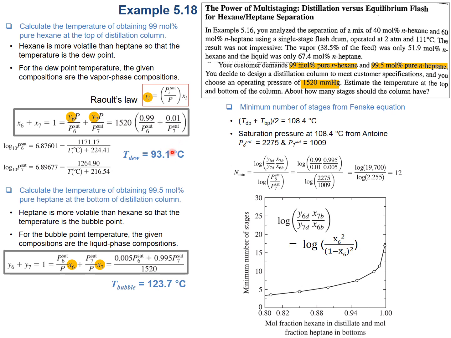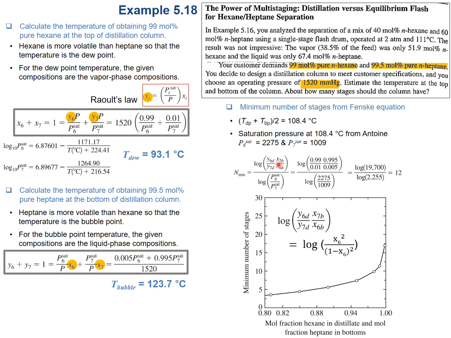So 93.1 and 123.7 gives 108.4 Celsius degrees. At this temperature, you can calculate the saturation pressure for hexane and heptane very easily by using Antoine. For heptane it is 1009 and for hexane 2275. Those values go to the numerator and the denominator.